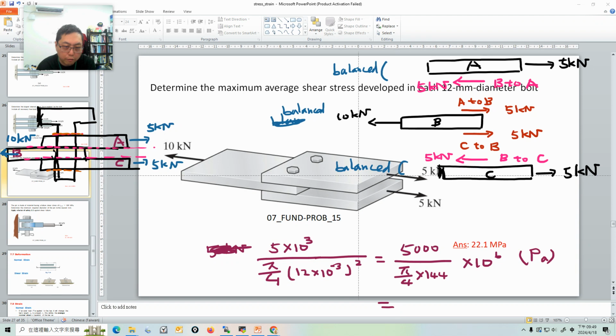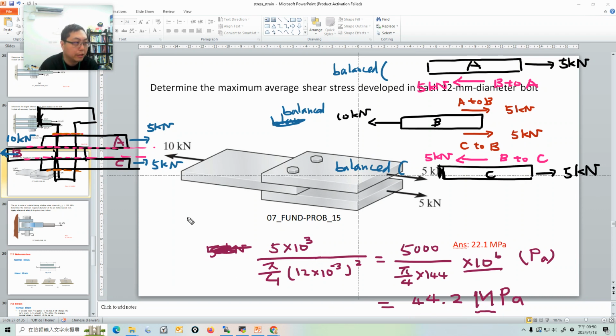It's 44.2, and 10 to the power 6 is mega, so it's megapascal. So is this the correct answer? You see, it is not the answer. The correct answer is 22.1 megapascal, but we get 44.2 megapascal.